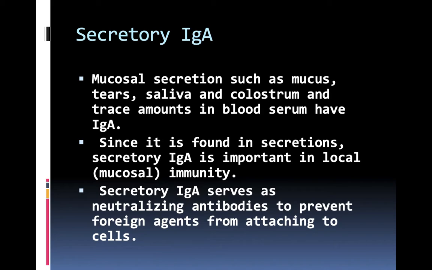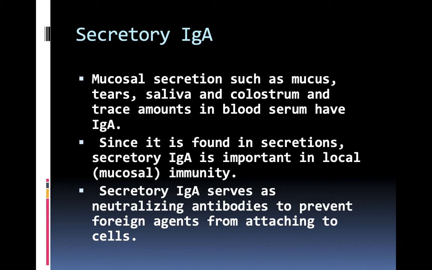And as a secretory immunoglobulin, they're important for local immunity, because they're found in specific secretions. Therefore, the immune process at the site of secretion will depend partly on the present IgA.